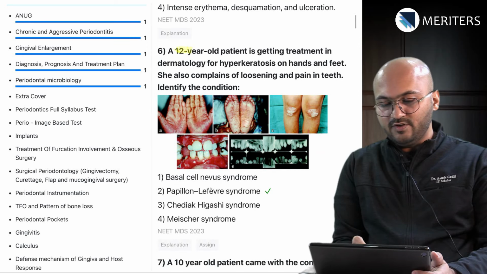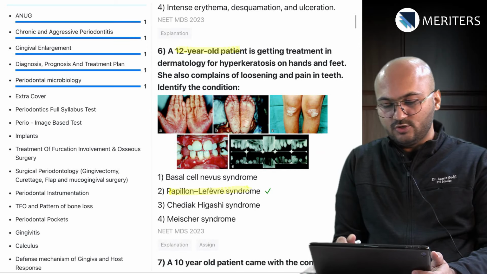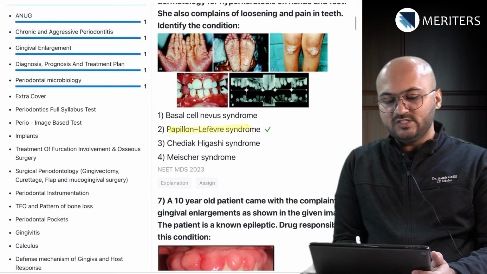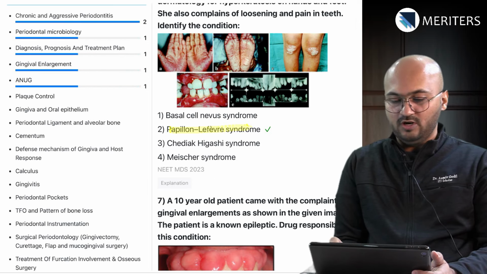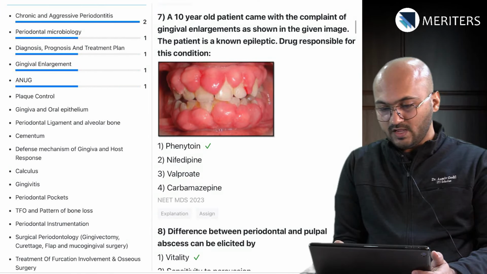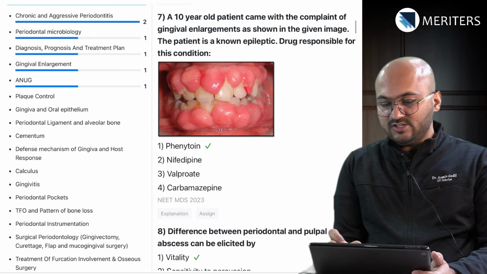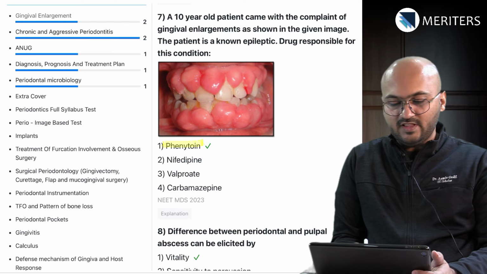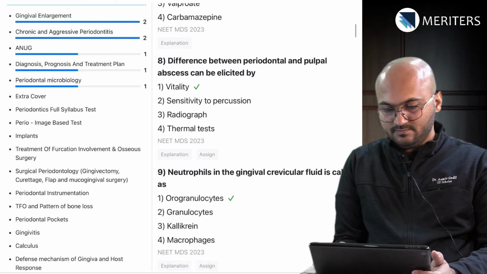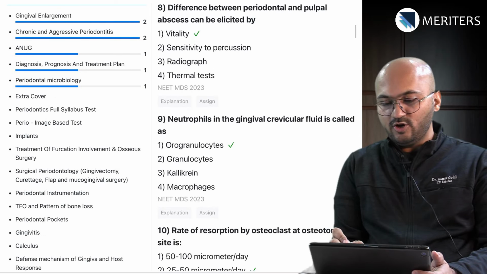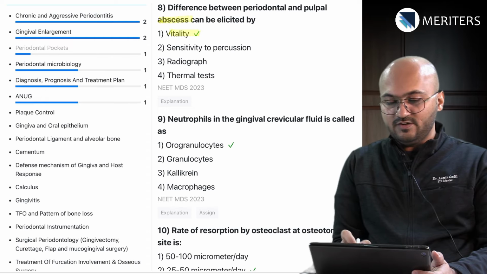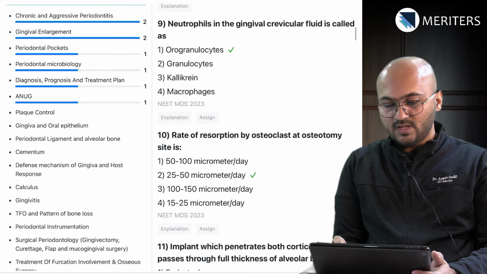Then we have a 12-year-old with Papillon-Lefevre syndrome. This question will also be relevant with oral path. Then a very striking feature of gingival enlargement with phenytoin in a 10-year-old with epilepsy. Difference between periodontal and pulpal abscess can be achieved or differentiated with vitality test.